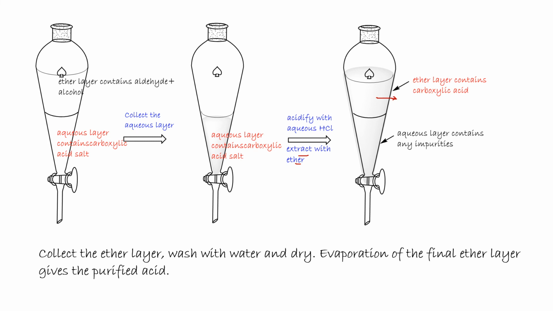Okay, here it is carboxylate, here is carboxylic acid. Then take the ether layer, wash it with water, and then dry the ether layer and evaporate to get pure acid.